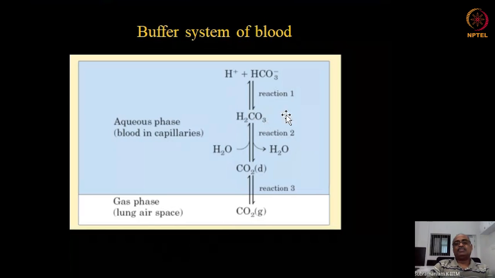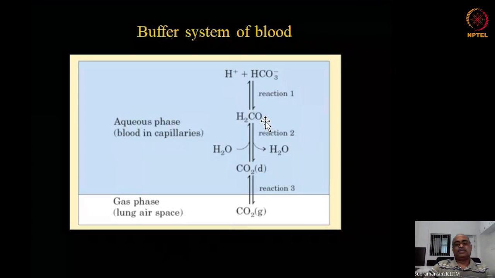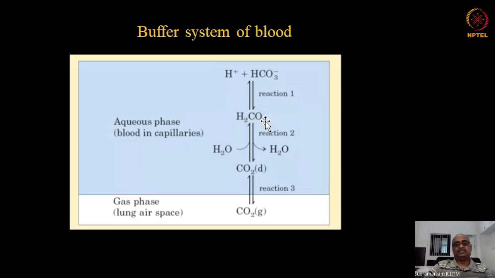So this concentration can be dynamic, and as a result, this can have a flexible ability in terms of its buffer capacity. Buffer capacity can be increased or decreased. It's not fixed. And that is purely because of this reaction 2, reaction 3 equilibrium here. Okay. So that is why this carbonic acid forms the main buffer of our blood.